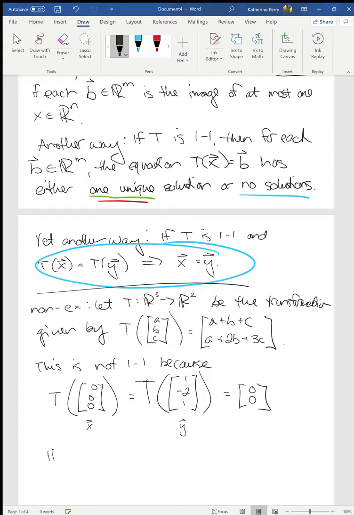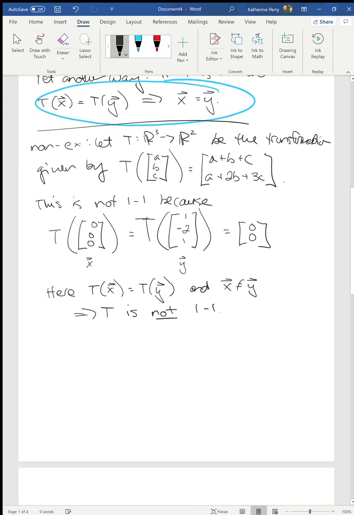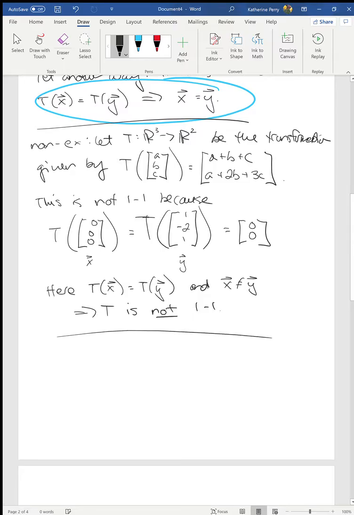And so we'll say here T of x equals T of y, and x does not equal y, and that implies T is not 1-to-1. Okay, so that's example 1. And here's example 2, an example of a transformation that is 1-to-1.